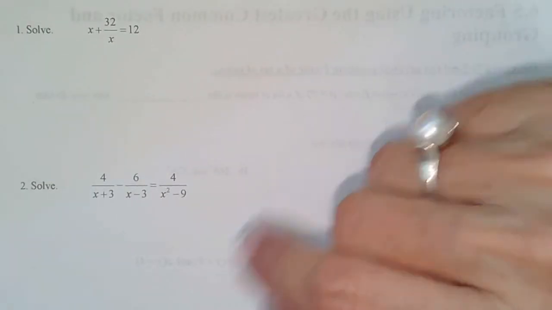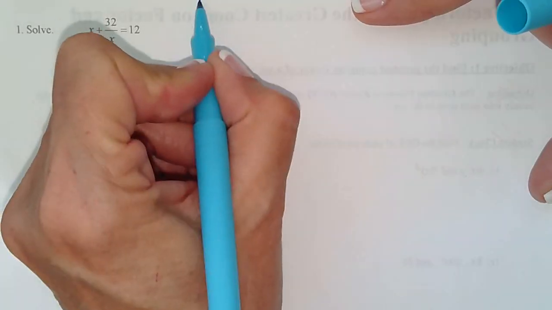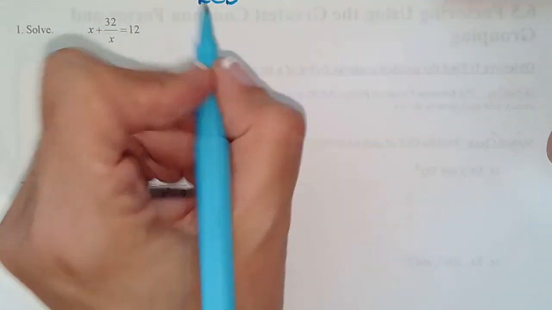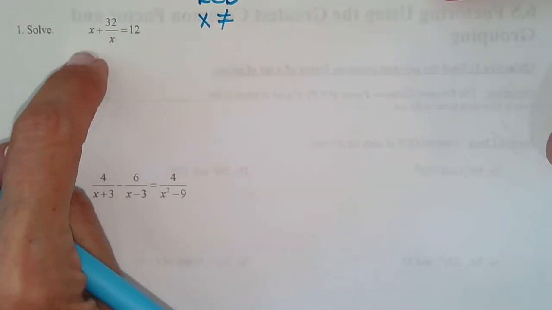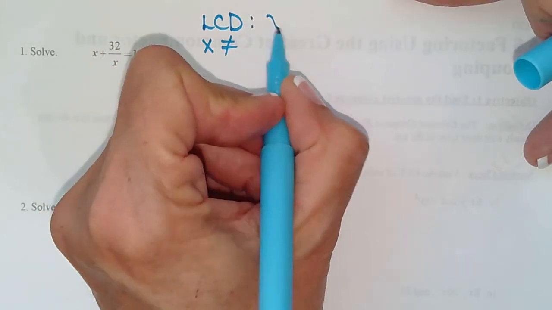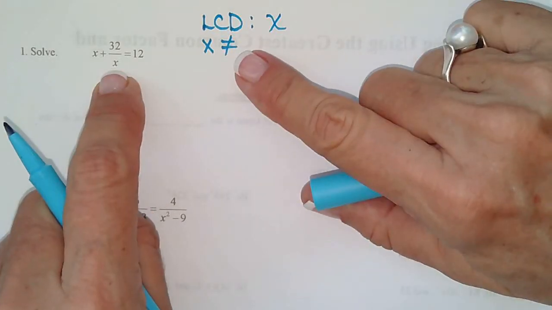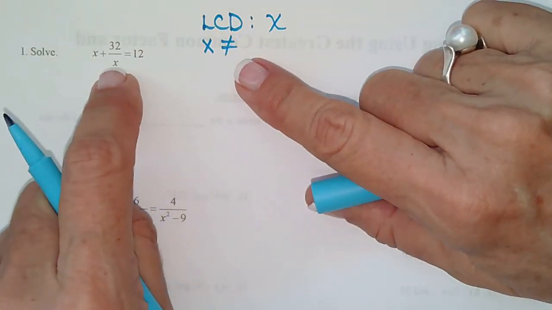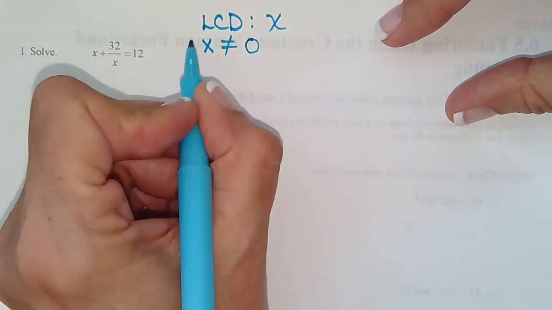So the next step is write the LCD and write your restrictions. I see a denominator 1, I see a denominator 1, I see a denominator of x. So does everybody agree that the LCD just needs to be x, right? That's the only denominator. So then we need to say, what makes that denominator 0? Well, the only thing that makes x 0 is if it's 0.